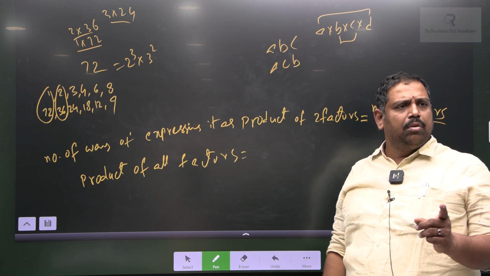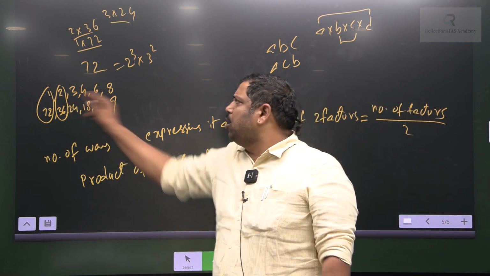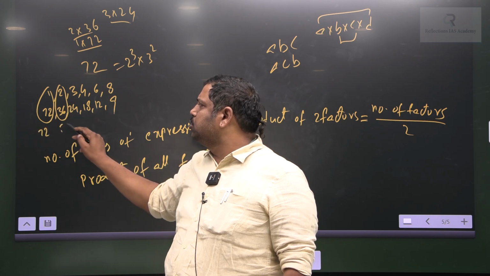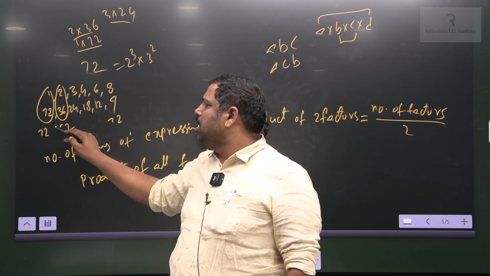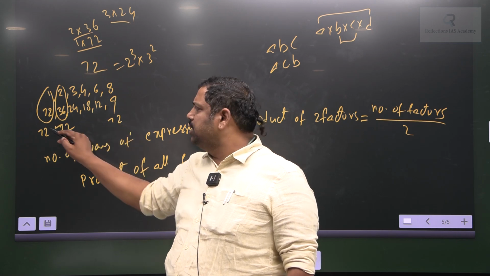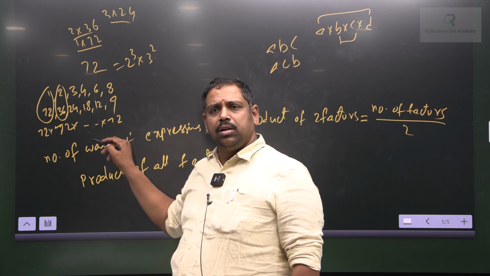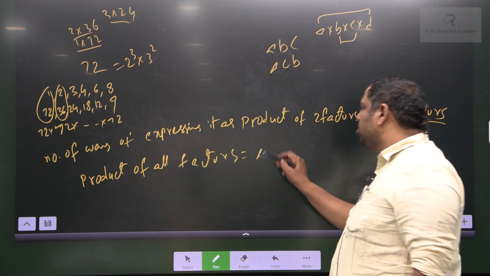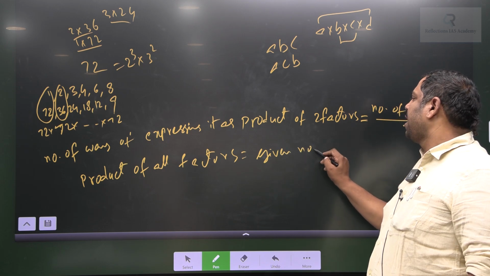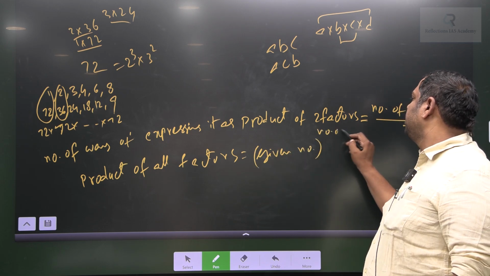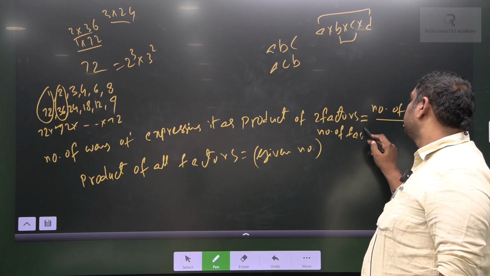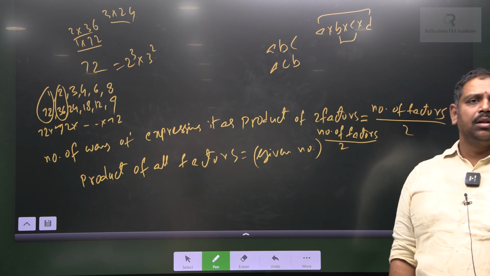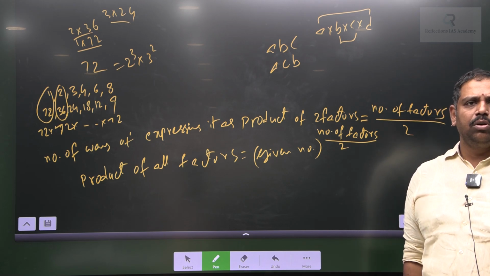Do you have any problem? No. Now I am asked to multiply all these numbers. I will multiply these two, then these two, and so on. All I will get are 72 into 72 into and so on. Right or wrong? 72 power 6. Nothing but the given number power number of factors by 2. Got it? These are the important points that you have to learn.